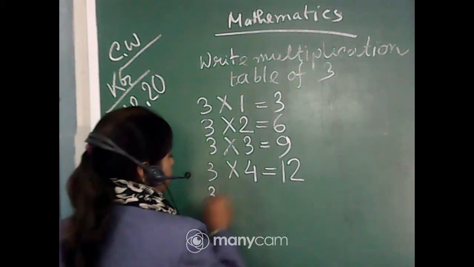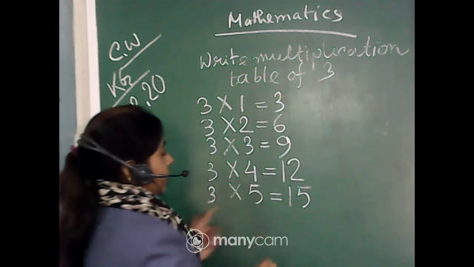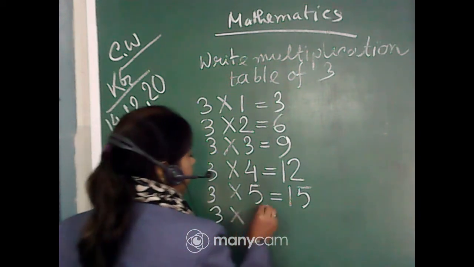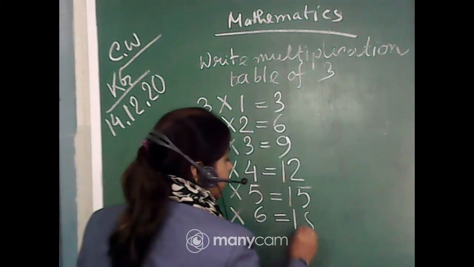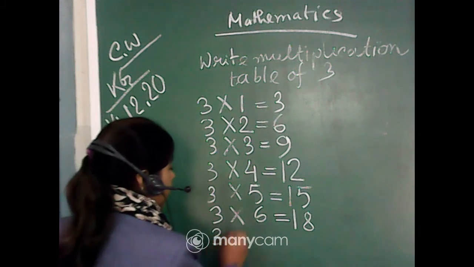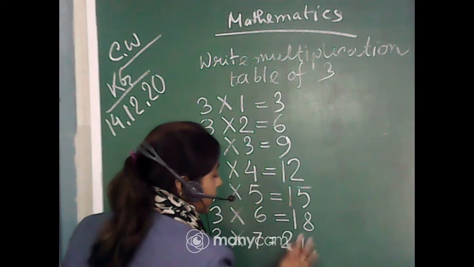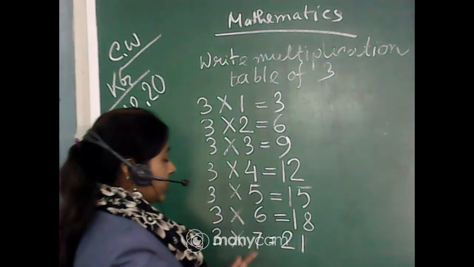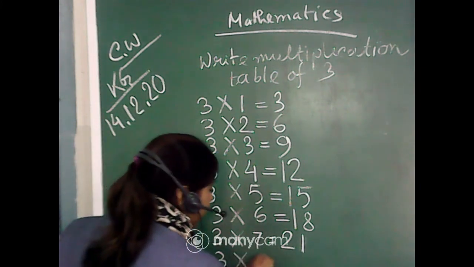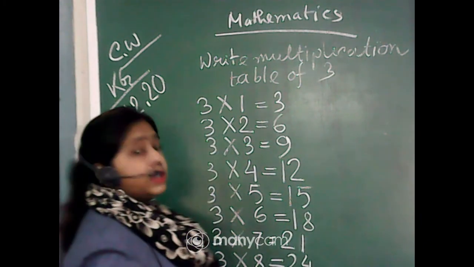Next, 3 multiplied by 5 is equal to 15. 3 fives are 15. 3 multiplied by 6 is equal to 18. 3 sixes are 18. 3 multiplied by 7 is equal to 27, sorry, 21. 3 sevens are 21. 3 multiplied by 8 is equal to 24. 3 eights are 24.